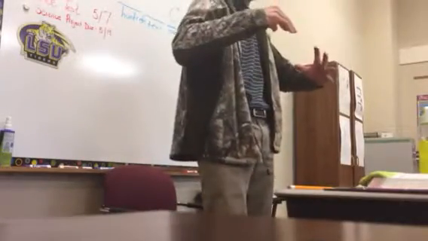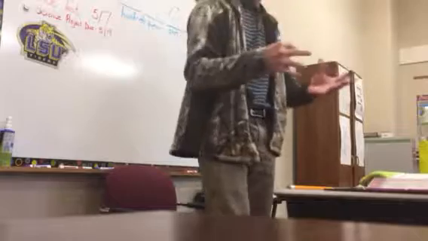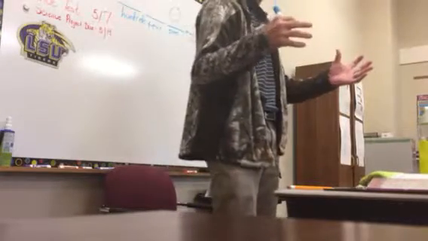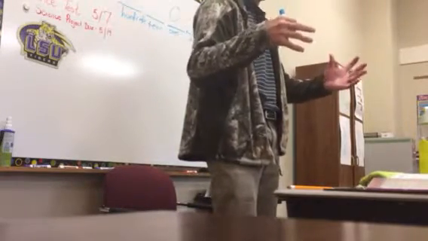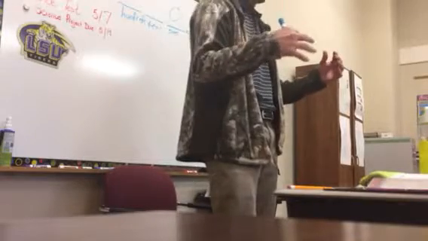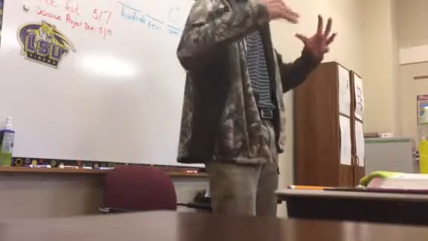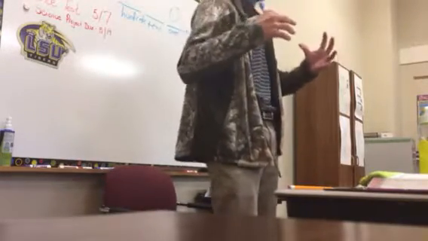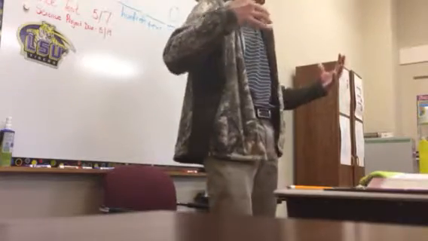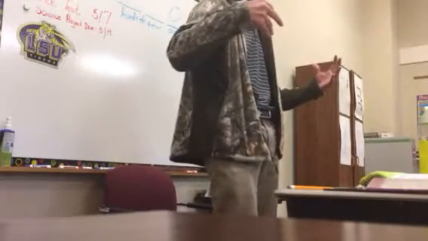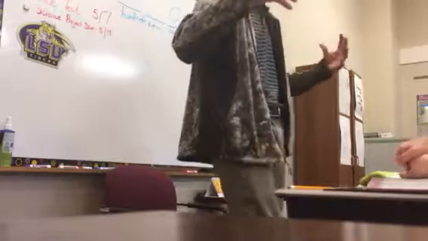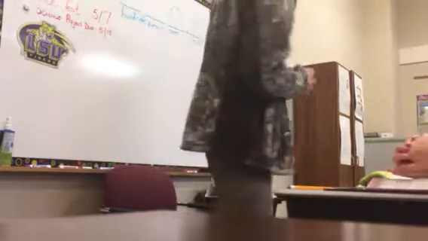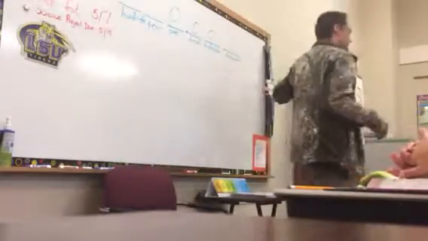Anytime your numerator and denominator are the same, you always have one whole. No matter how big they are, if they're the same, it's one whole. It could be a million millionths, it could be a trillion trillionths and still be one. If your numerator and denominator are the same, it's always the same as 1.